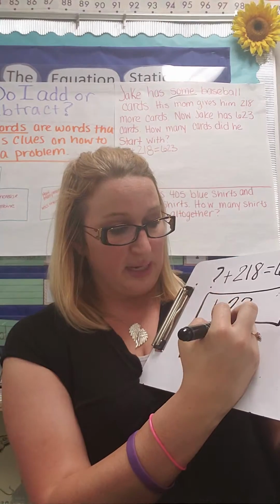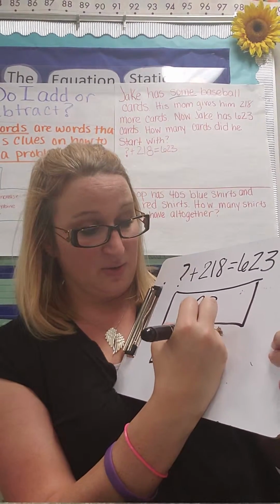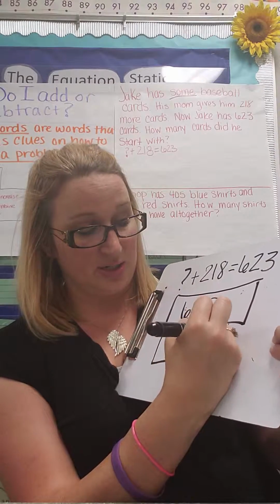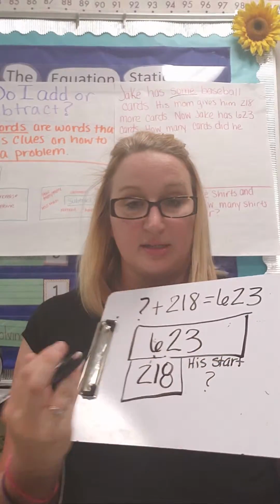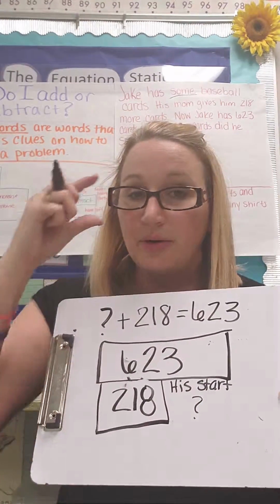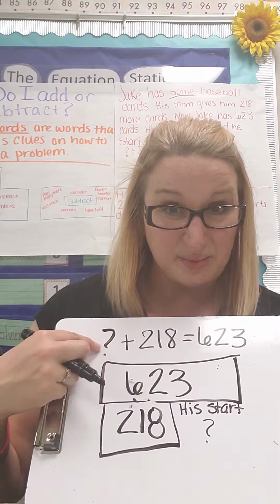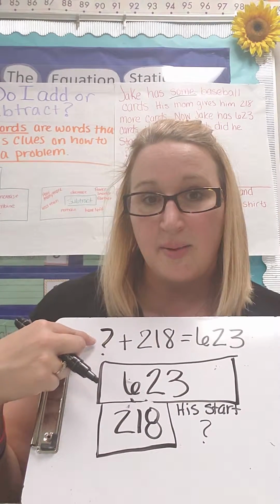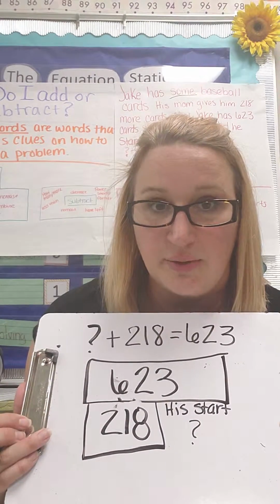This is how many he started with, right? So I'm just going to write his start, because that's what we have to find out. I know on a strip diagram, this number plus this number will get this number. So my question mark plus my 218 is equal to my 623.